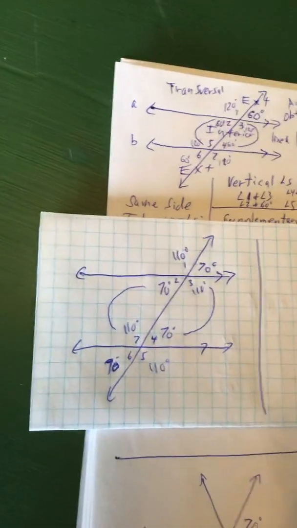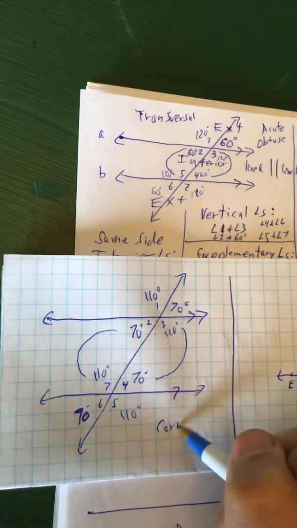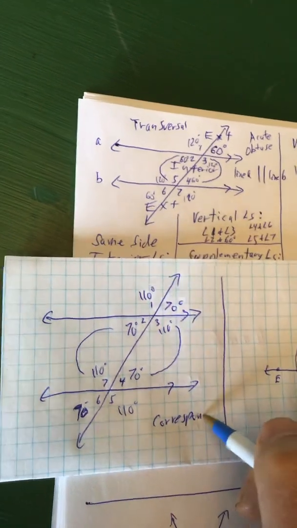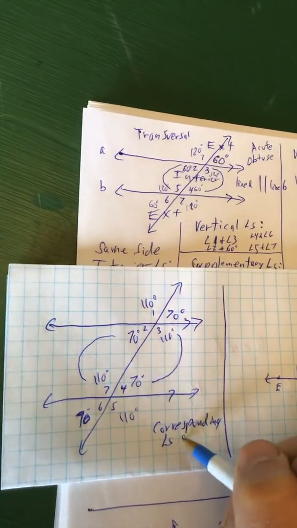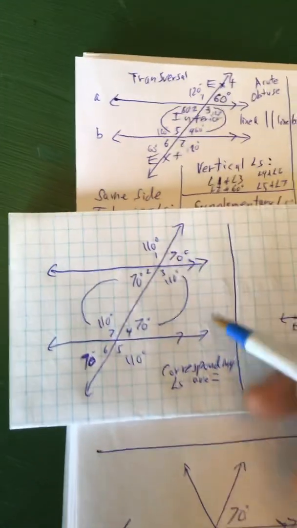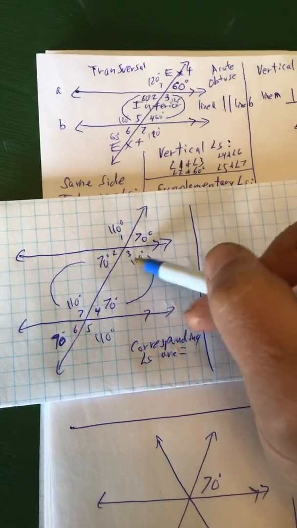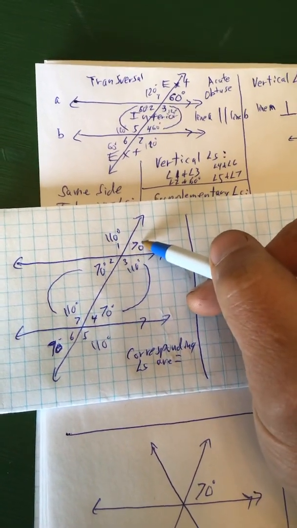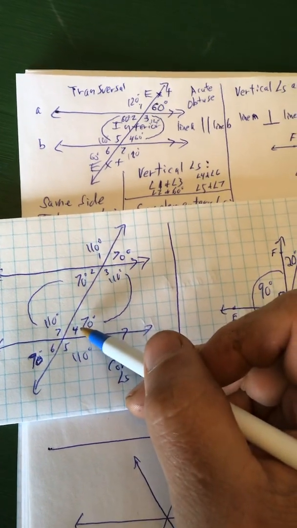Now there's also something called corresponding angles, and I'll put it here. Corresponding angles are equal if the lines are parallel. Of these four angles, you describe this as the top right. Well, of these four angles, isn't this the top right?